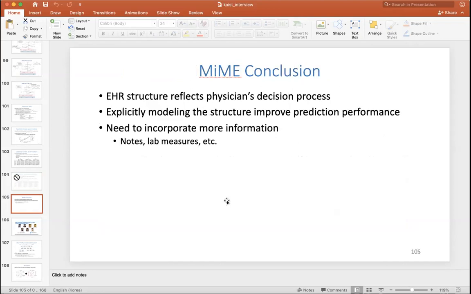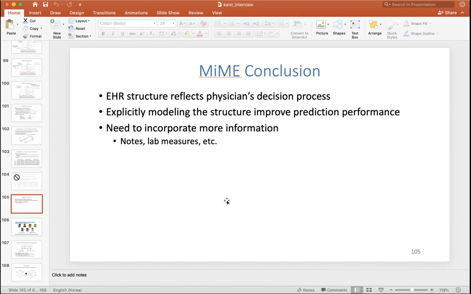So the conclusion is that the EHR structure reflects the physician's decision process. As I said, it explicitly shows the relationship between diagnosis and the procedures or medication leading to it.